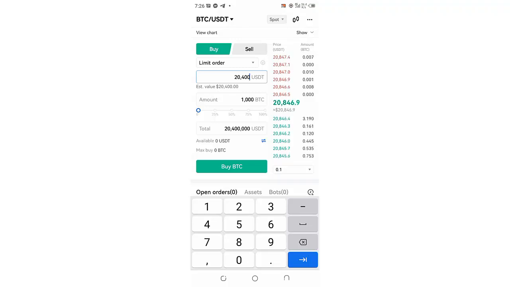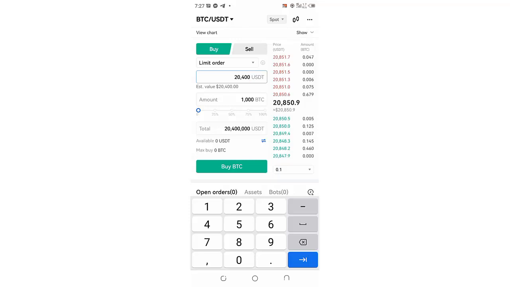Even if it's 20,450, it will not buy because you specifically asked it to buy at 20,400. Do you get? So let's say it gets to evening tomorrow and the price hits 20,400. You don't need to be there. It's automatic. You just come back, or you just open your phone and you see that the trade has been properly executed and you have that amount of BTC for that amount that you asked it to buy.